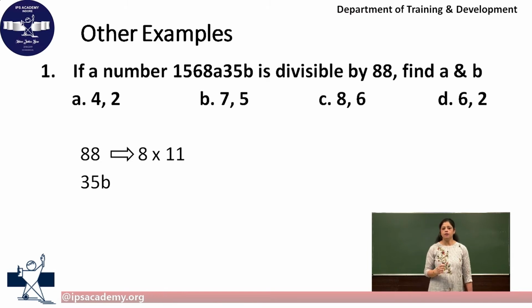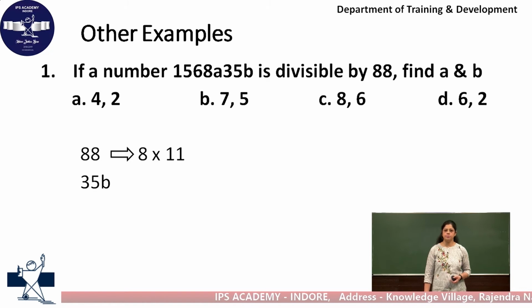अब b की जगह what values we have in options? 2, 5 and 6. That means 2, 5 and 6 are the given values or the options for b. Out of which will satisfy at the place of b? Let's put 2 first. So the number becomes 352. Is it divisible by 8? 352.